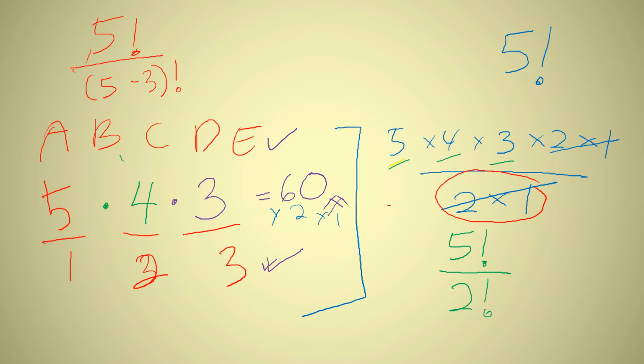Another way of thinking about it, if we wanted to generalize, is, okay, let me clear this board first. So now it's clear. The formulation we used just now is 5 permutation 3, which equals 5 factorial divided by 5 minus 3 factorial.